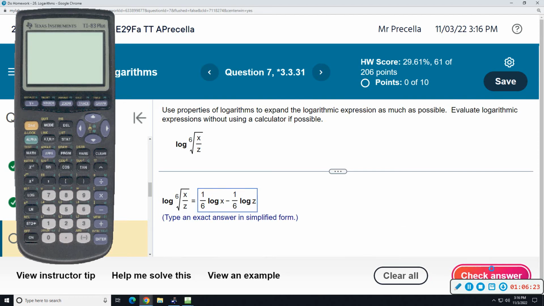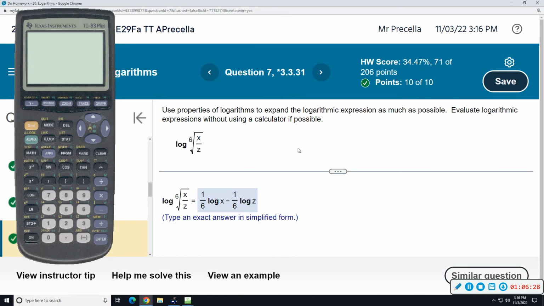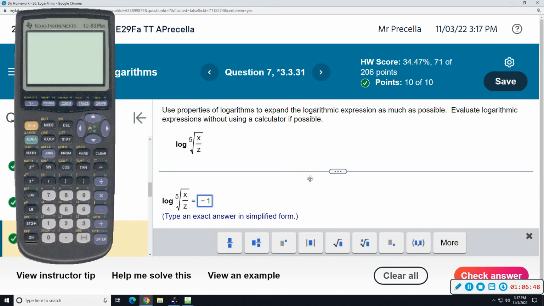I do have a random curious question. What if you switch it, like negative 1/6 log z plus 1/6 log x? Will it still say you're correct? It might count. Let's see. I'm going to say negative 1/6 log z plus 1/6 log x.